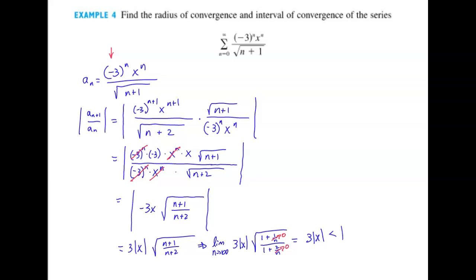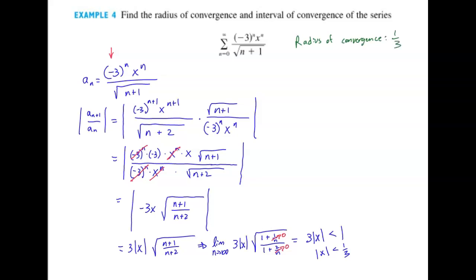So go ahead and divide by 3. Absolute value of x needs to be less than 1/3. There's our radius of convergence. So the radius of convergence is 1/3.